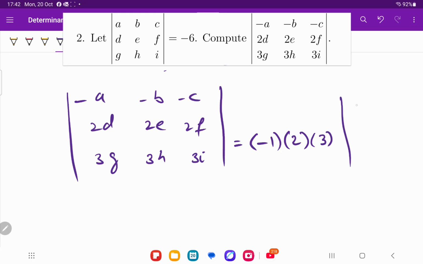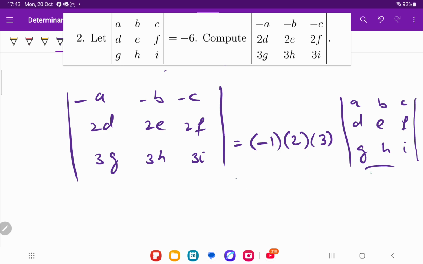The remaining is A, B, C, D, E, F, G, H, I. Because minus 1 exists in row 1, we can take all the minus outside, and 2 exists in row 2, we could take all 2 outside, and 3 exists in row 3, we could take all 3 outside.